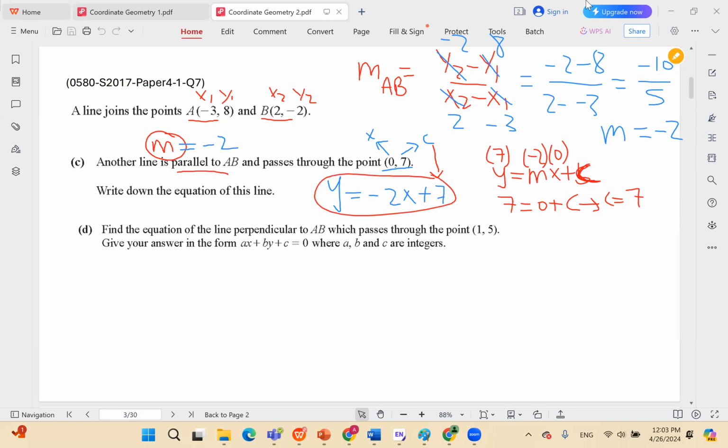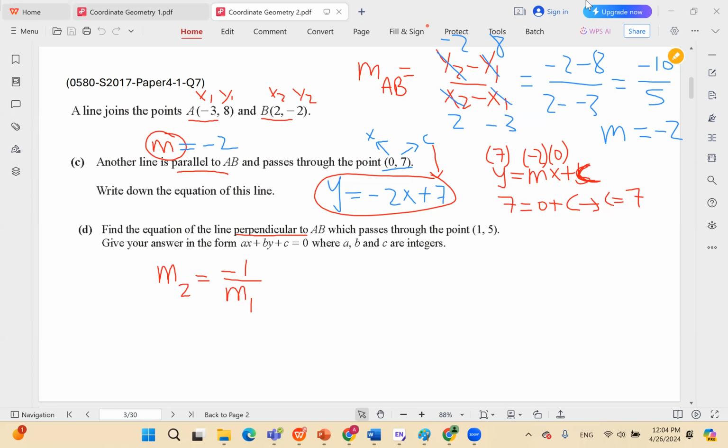In the second question, we are told to find the equation of the line perpendicular to AB, which passes through the point (1, 5), and give your answer in the form ax plus by plus c equals 0, where a, b, and c are integers. So we want a perpendicular line. For a perpendicular line, the gradient is equal to -1 over the other gradient. So after getting the gradient, we flip it and switch the sign.